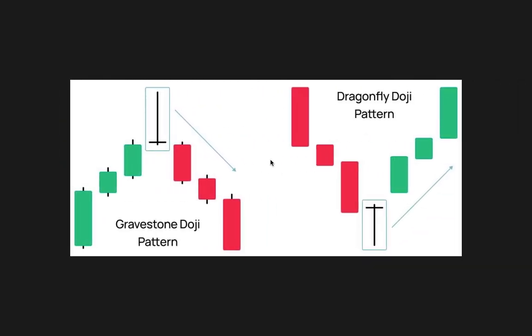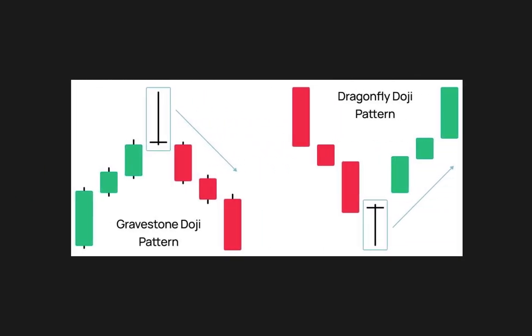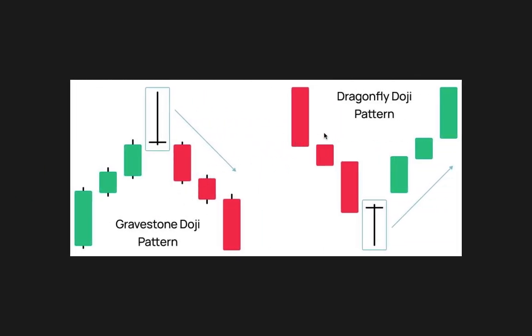Now we have three types of doji. We have this one, we have the gravestone doji, and we have the dragonfly. This gravestone doji pattern looks like the pin bar, although it is not that commonly used in the market.